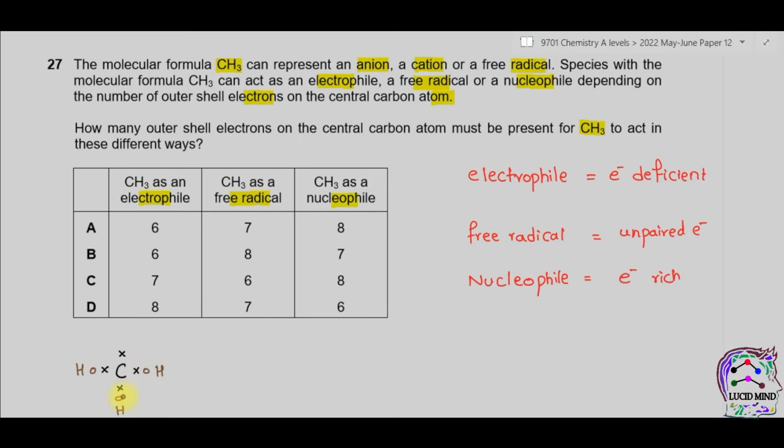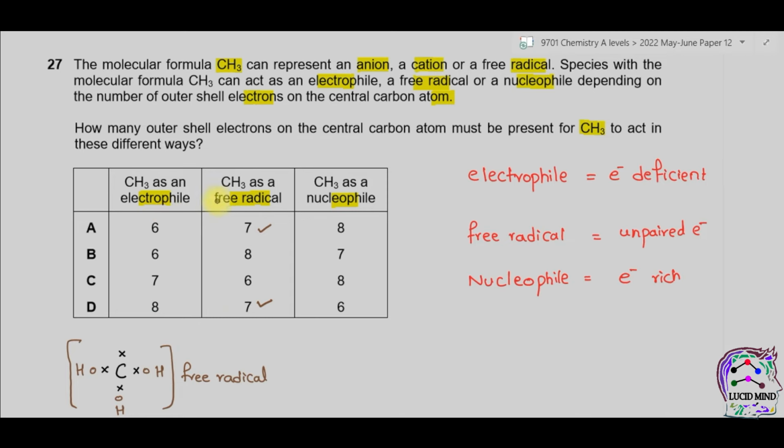Now in total we can see we have 1, 2, 3, 4, 5, 6, 7 electrons present in the outermost shell, and if this is neutral, then this shows odd number of electrons and it is a free radical because we have an unpaired electron. So let's see how many electrons are there. There are 7 electrons in free radical, so it should be 7.